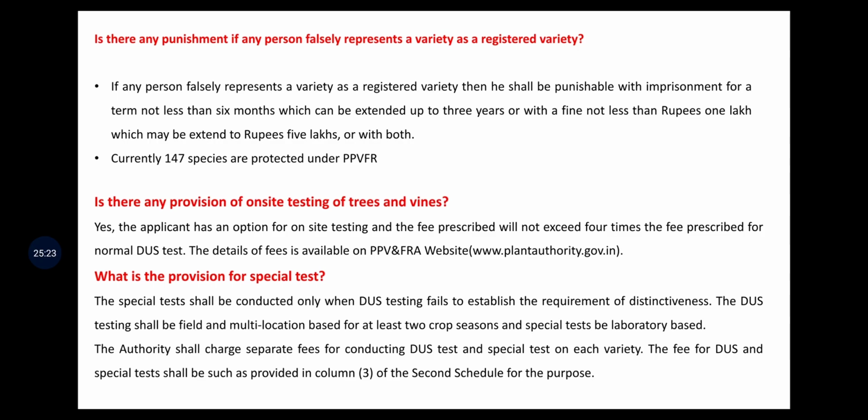The DUS testing shall be field and multi-location based for at least 2 crop seasons and special tests laboratory based. Authorities shall charge separate fees for conducting DUS tests and special tests on each variety. The fees for DUS and special tests shall be as provided in column 3 of the second schedule for the purpose.